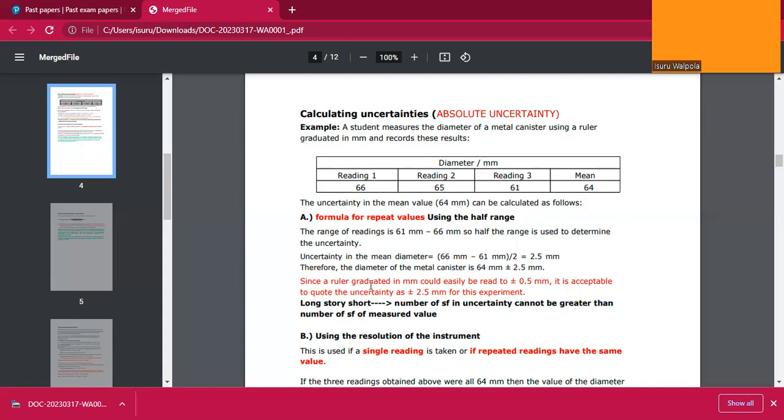But I've thought about this, and this explanation is from the official guide. They put it like this because a ruler can be read to 0.5 millimeter. So in this case, it's sort of acceptable, but generally you will want to give the number of significant figures of the uncertainty in such a way that it doesn't affect the number of significant figures in the actual value.